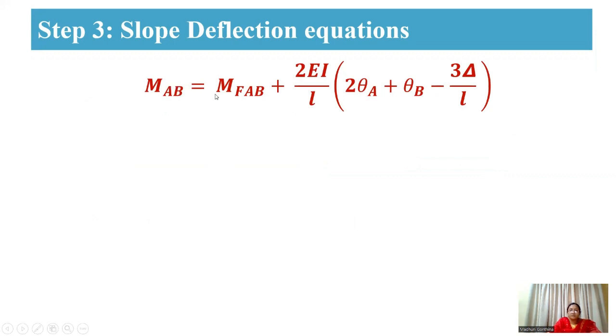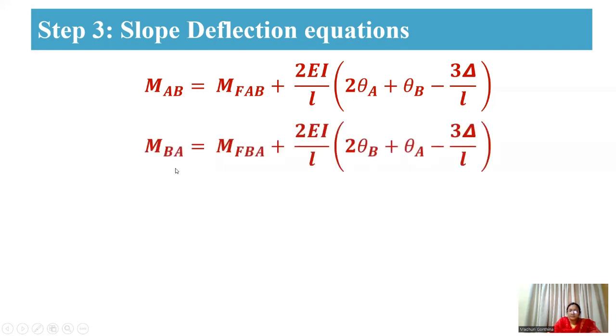MAB will be equal to MFAB plus 2EI by L into 2 theta A plus theta B minus 3 delta by L. Here MFAB is your fixed end moment, whereas 2EI by L into 2 theta A plus theta B will be your moment due to the rotation. And this minus 6EI delta by L square will be the moment due to the settlement.